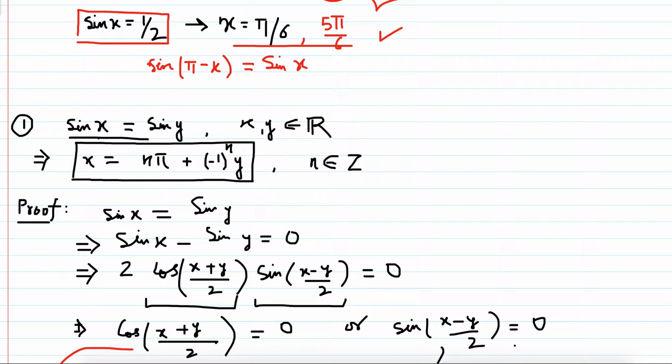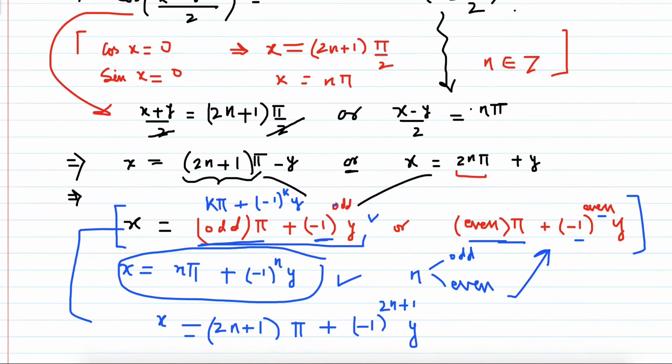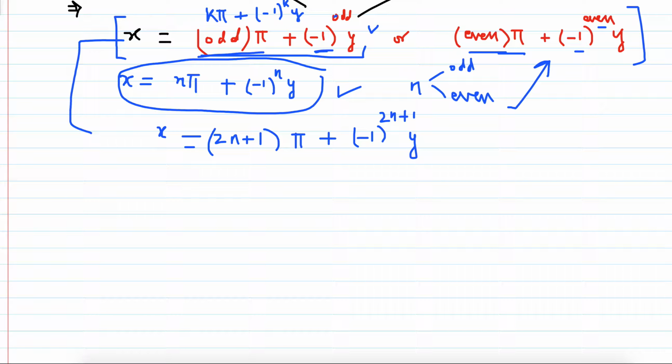So this formula we need to remember. If sin x is equal to sin y, then x and y are related by this formula. Similarly, we will see the case for cos x and tan x, and then we will see some examples where we will use these formulas.